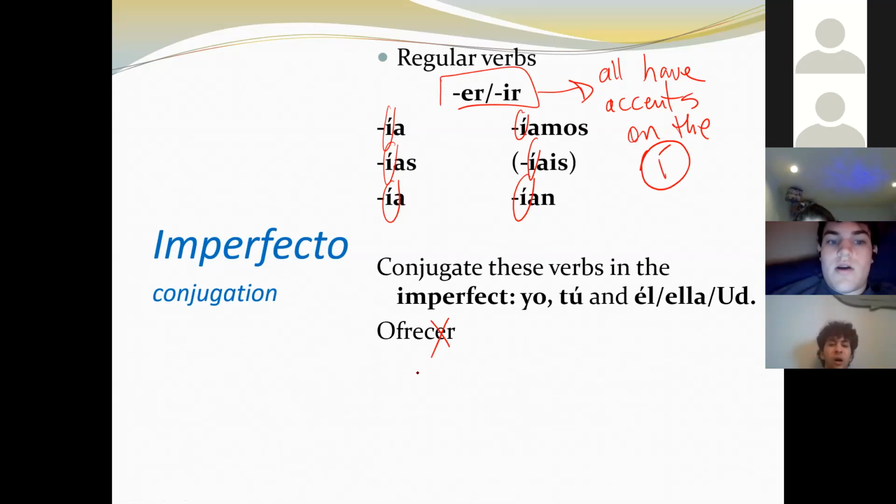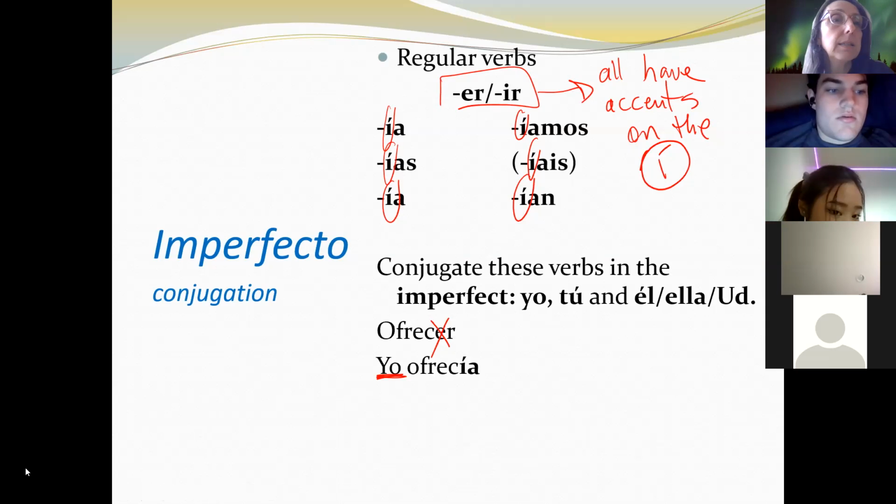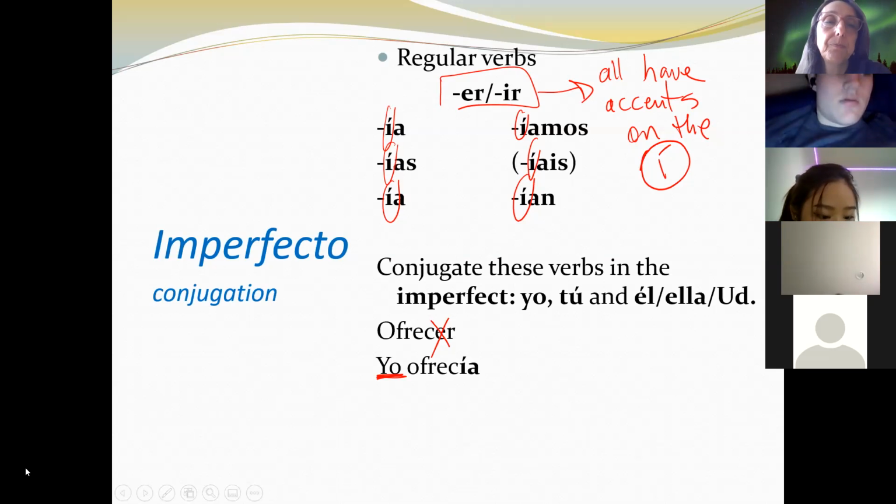The yo form, we're probably going to have it instead of ER, ía, so therefore it'll be ofrecía, right? Yes, very nice. Yo ofrecía. Remember to put the yo, because of what we said about the endings that are the same, right? So yo ofrecía, correct. I am going to ask Keegan, what's the tú form?